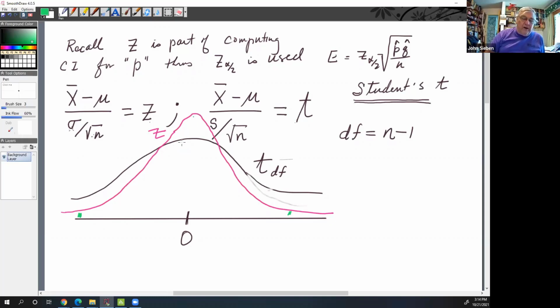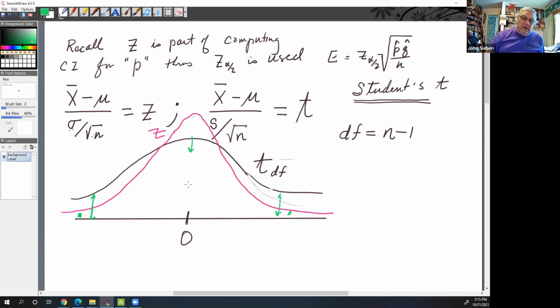I can say that about the t this way. If the t is going to be fatter in the tails, then it's got to be shorter in the center, because the total area is 1. If you put more area out here in the tails, then you've got less area to put here in the center.